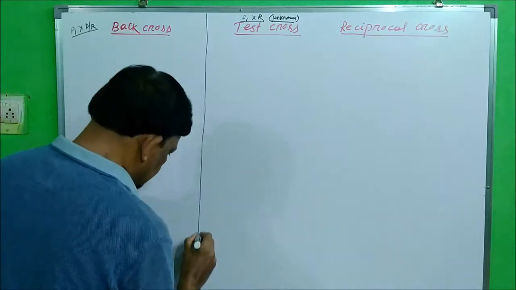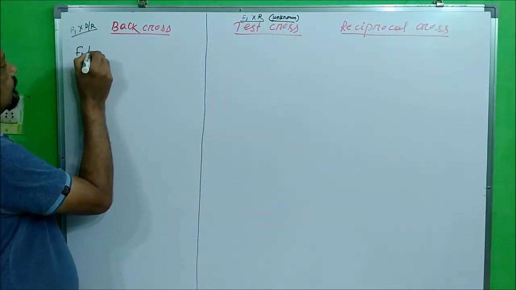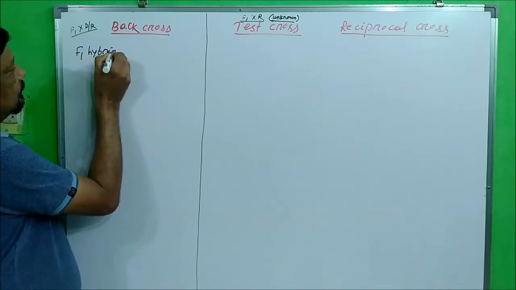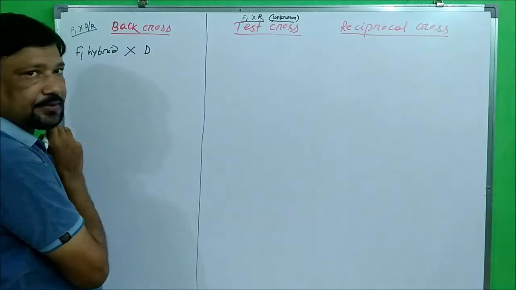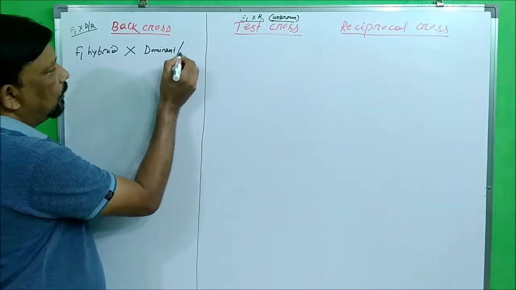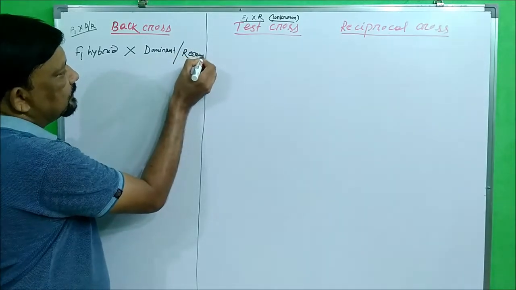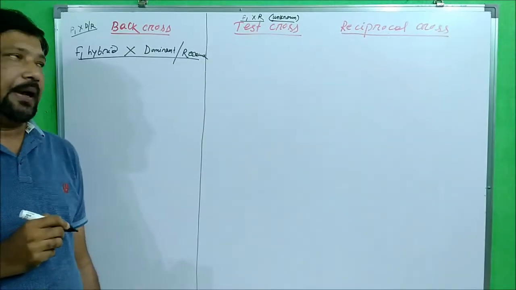Clear? See, when F1 hybrid is crossed with either a dominant parent or a recessive parent, whatever the result will come, that is called back cross.